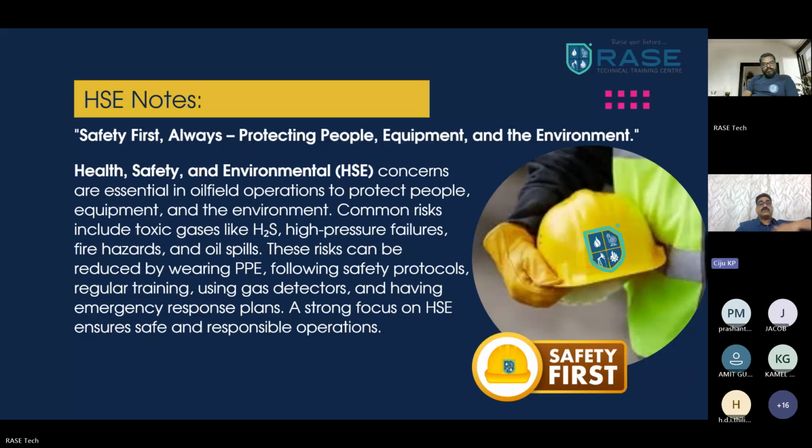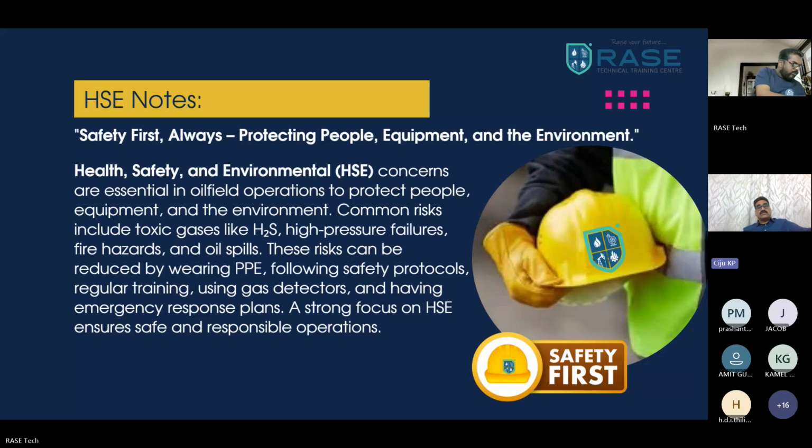So these risks can be reduced by PPE. Normally in safety we consider PPE last, but especially when you encounter H2S gas, PPE is the first control you have. The safety protocols include regular training, using gas detectors, and emergency response in case there is a release of H2S gas, how to escape from there.